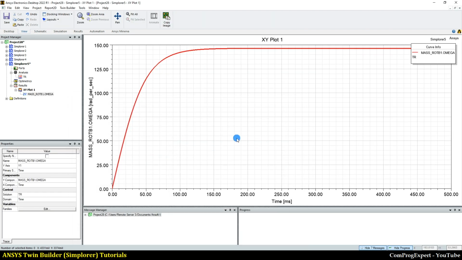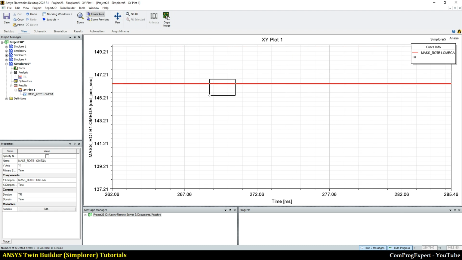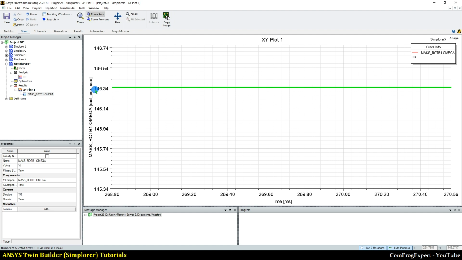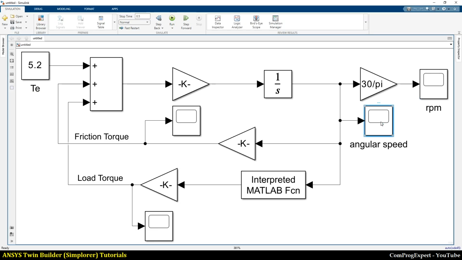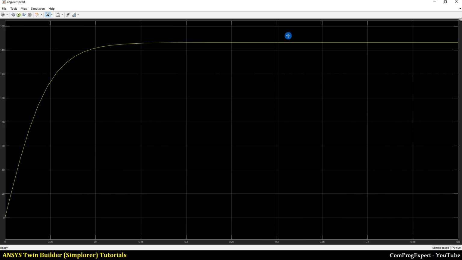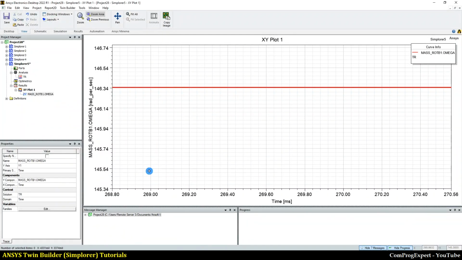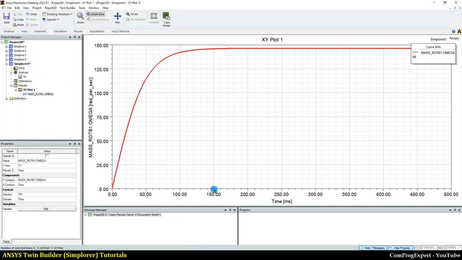Yes, this is the angular speed. Here you can see the rated one, close to 146.4. Yes, the number that we have here. As you can see, we reached the steady state speed after 0.15 second, 150 milliseconds.